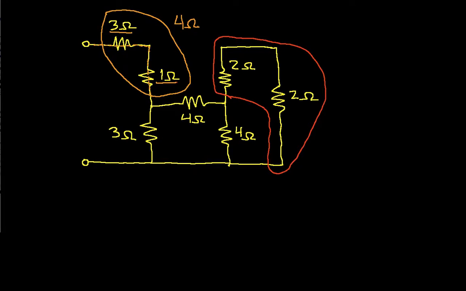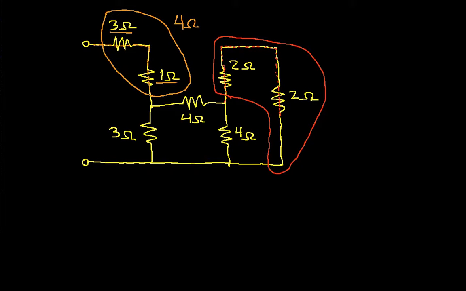My experience has been that many students will say that these two are in parallel because they've been drawn so that the body of the resistors are parallel to each other. But if you look at it, if you have current coming through this 2 ohm resistor, the only place it can go is through this 2 ohm resistor.